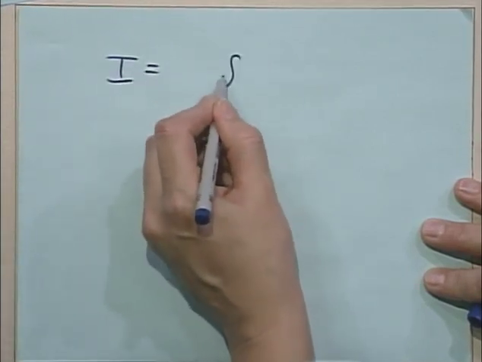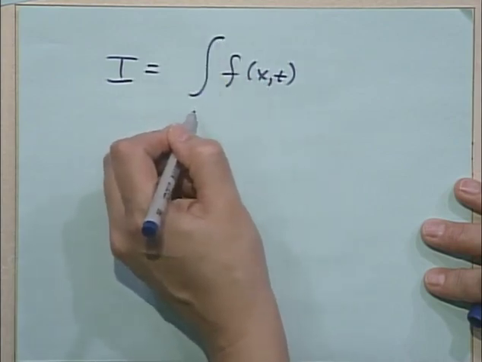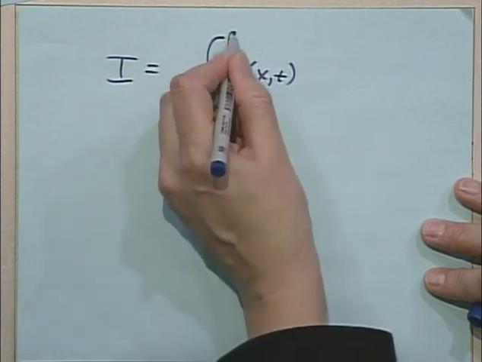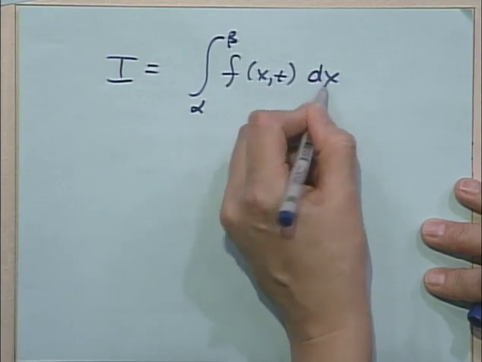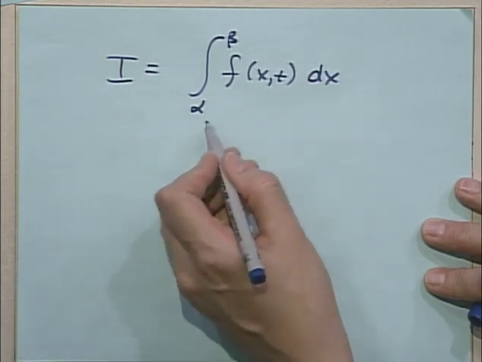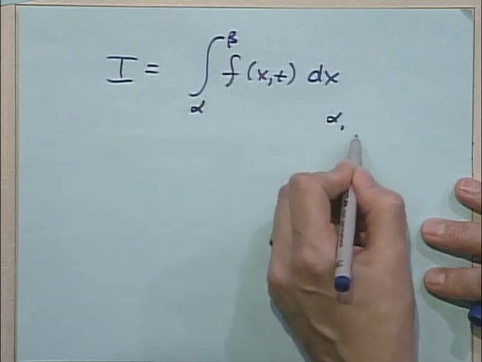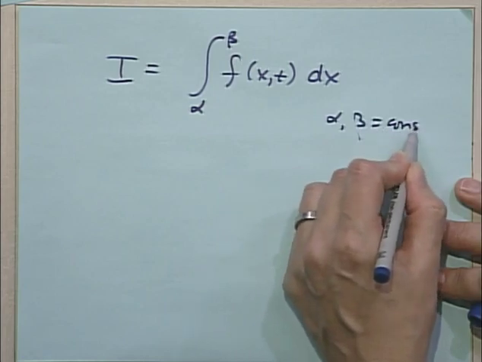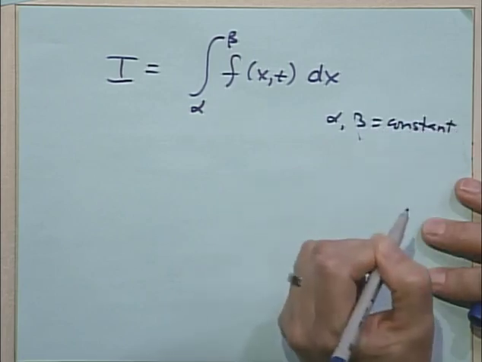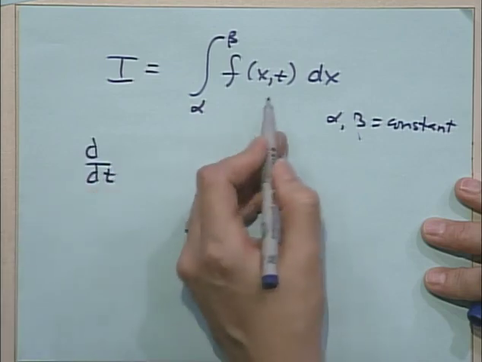So for instance, if we have some function and we're integrating it over some defined constant limits. Okay, so this is a multivariable function, x and t. We're integrating it over some defined limits, alpha and beta. Alpha and beta are constants. Now, what happens if I want to know the rate of change with respect to the other variable?